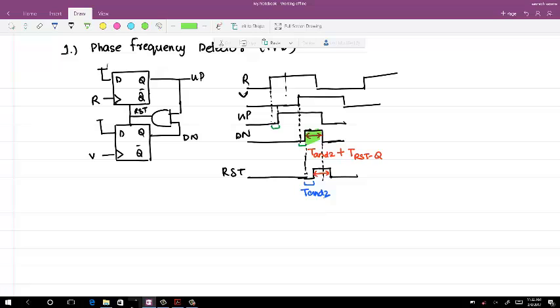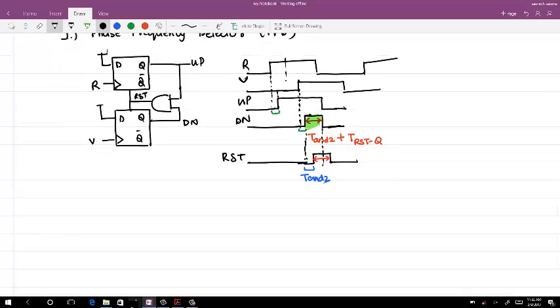So if I want to have a T on which is greater than, in this case, T of AND 2 plus T reset to Q, if that is the requirement, then I will go and add another delay in this path.